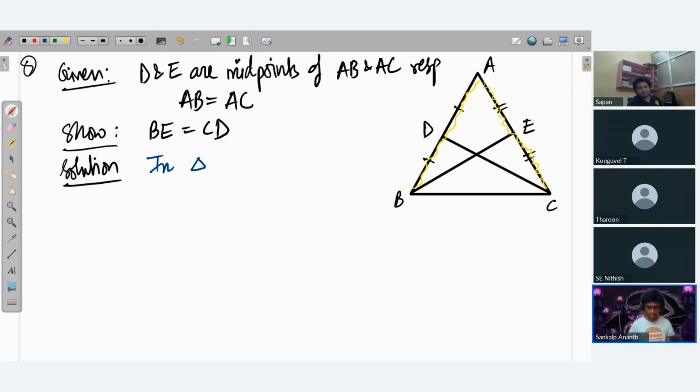Sir, sides AB and AC are the same, right, sir? For AB the midpoint is D, and for AC the midpoint is E. So when it divides each into two, how is DA different from EA?